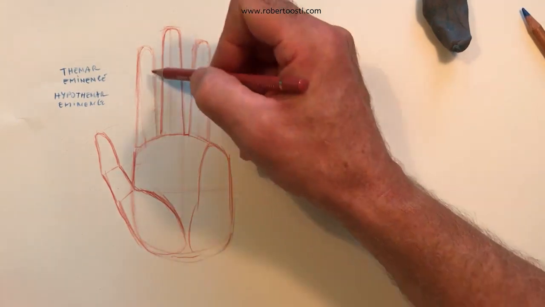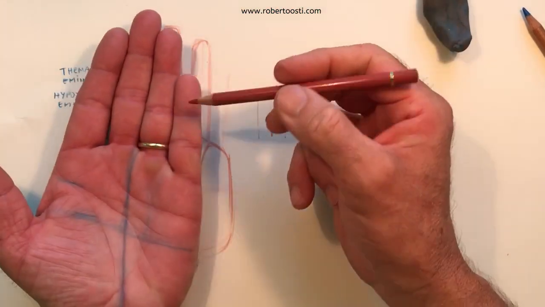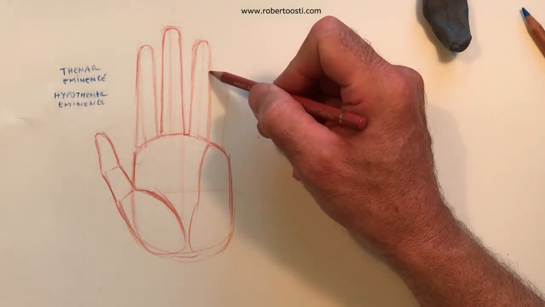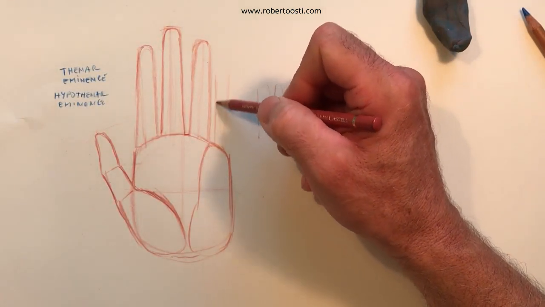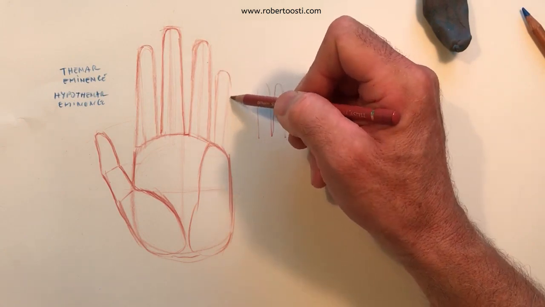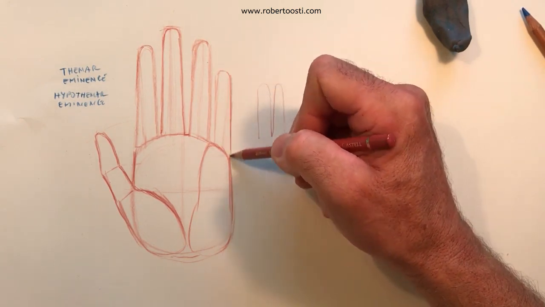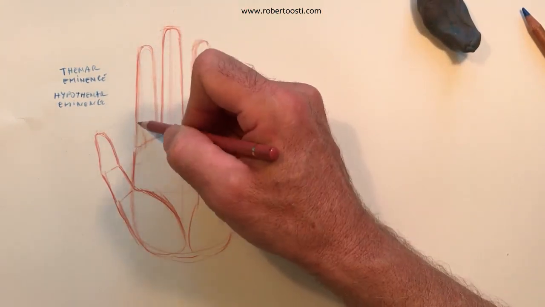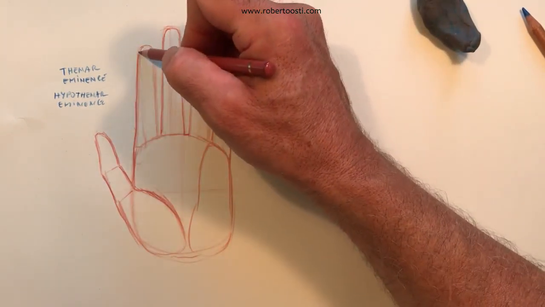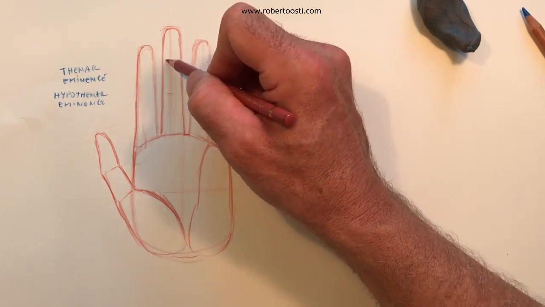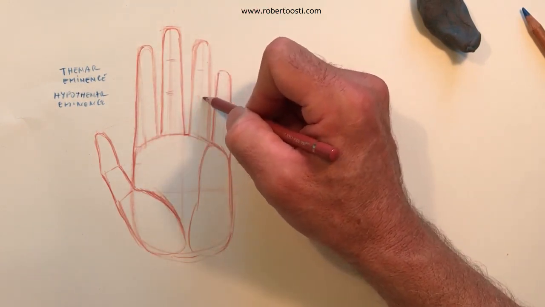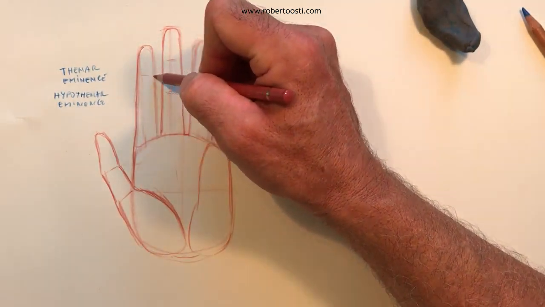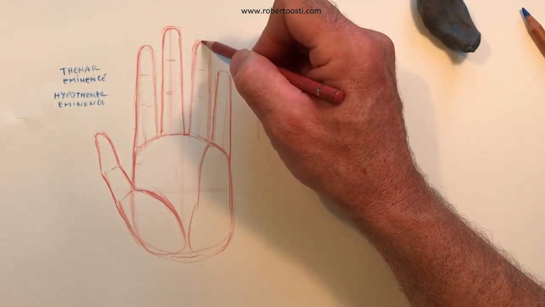So now I look at the pinky, and I see that the pinky is a whole phalanx shorter than the ring finger. So I approximate the length of the phalanx, and I put the pinky here, right? So now I can, if I want to, start being more specific with the various length of the phalanxes, etc.